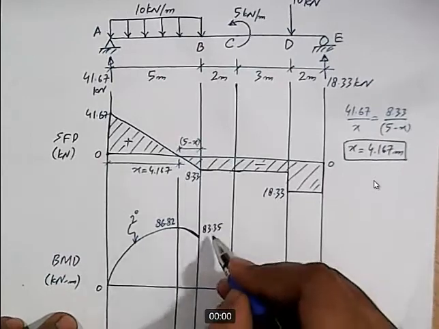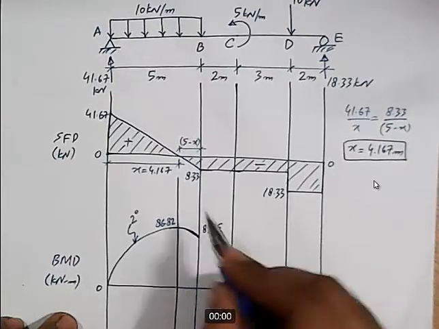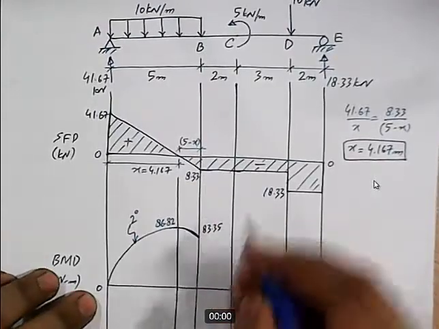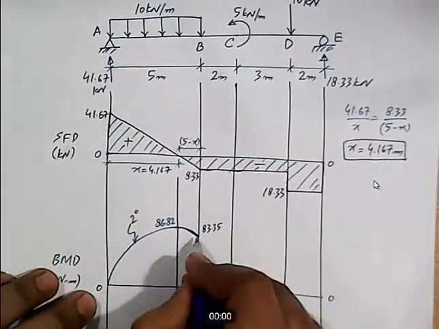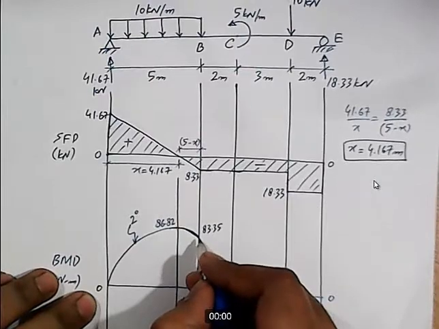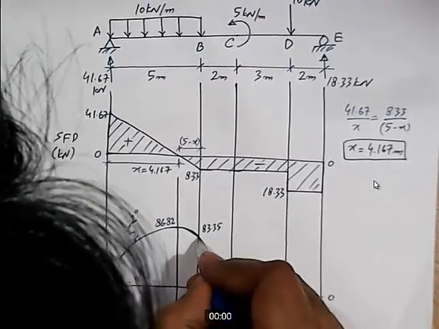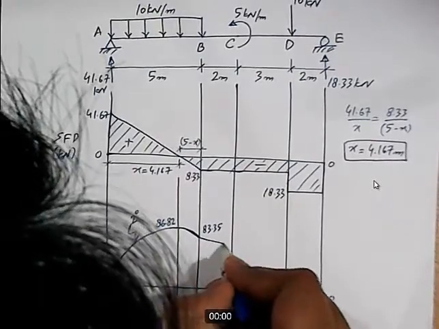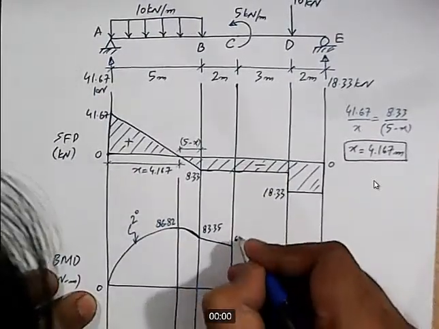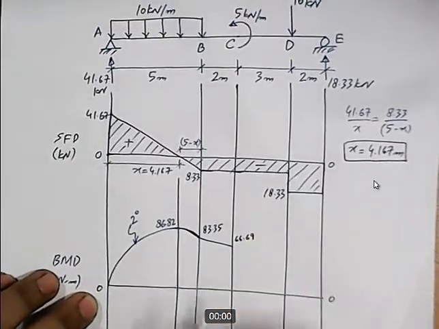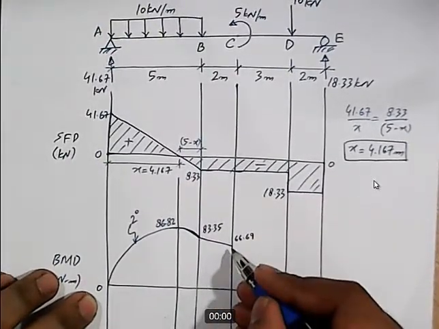So 83.35 minus 8.33 into 2 will give us the value of bending moment at point C. So if we do that, we get 66.69 kilonewton meter as the value of bending moment at this location.